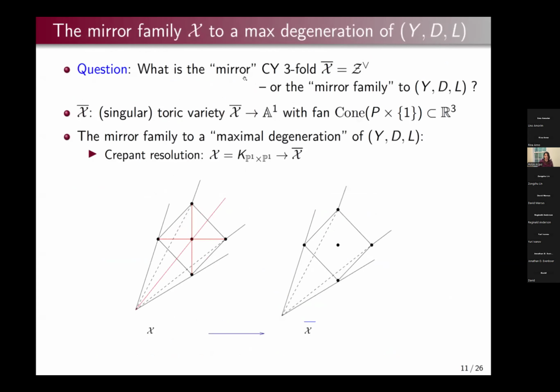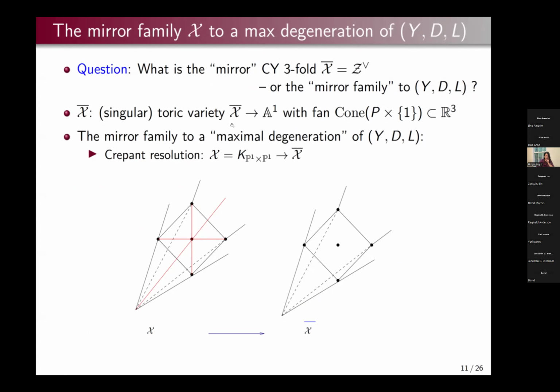So the mirror Calabi-Yau threefold, which I denote by X bar, the mirror to Z, which by abuse of notation often we call the mirror family to YDL, following mirror symmetry for surfaces. And because you can totally understand this threefold Z out of the data of YDL, the mirror can analogously be understood just out of the data from YDL.